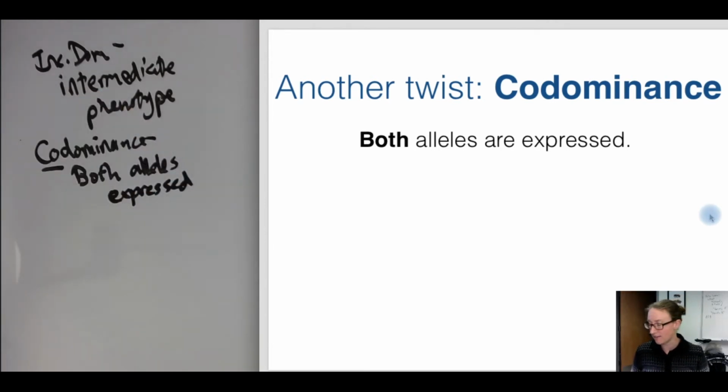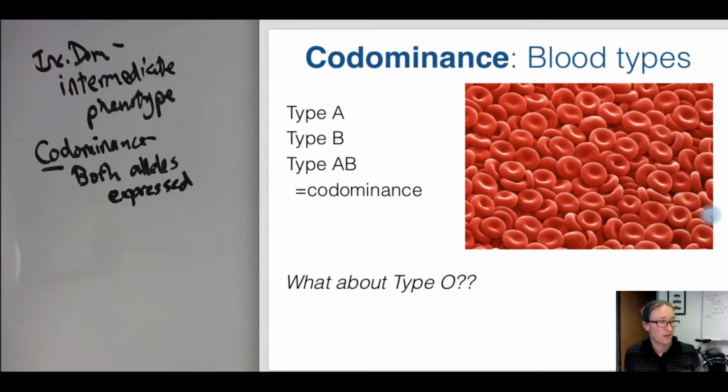And one of our classic examples of codominance is human blood types.